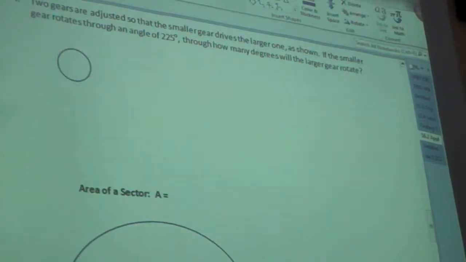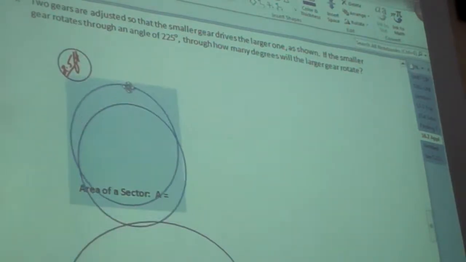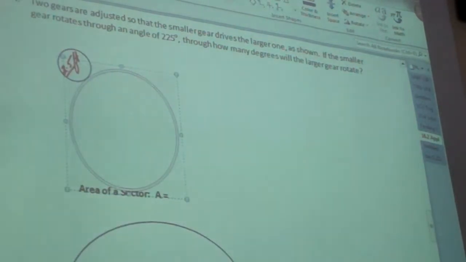It has a radius of 2.5 feet, and it drives a larger gear that has a radius of 4.8 feet.